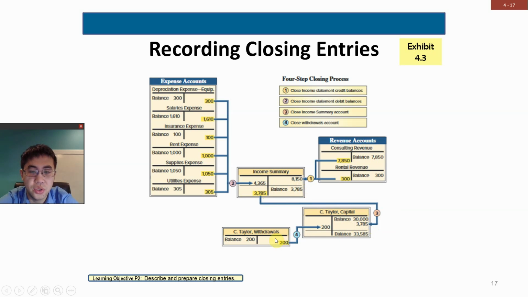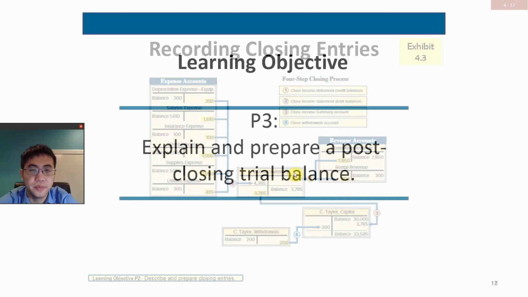And also you're going to transfer the withdrawal right here, debits of 200, into the owner's capital, the owner's statement. All right, so even without the closing process, you will still see these numbers reflected in the finalized financial statements. It's just that the closing process with the income summary is a process you need to take.